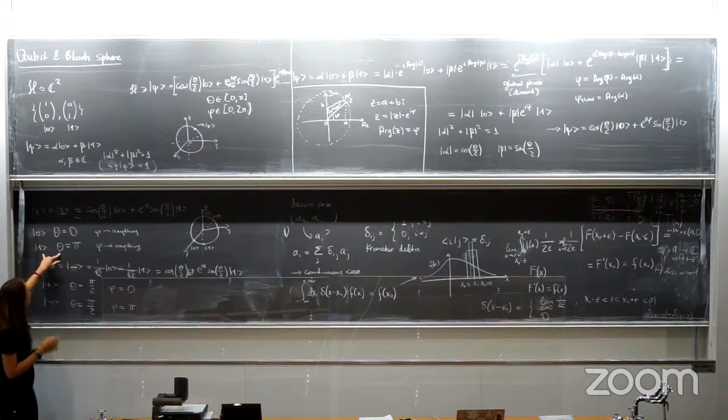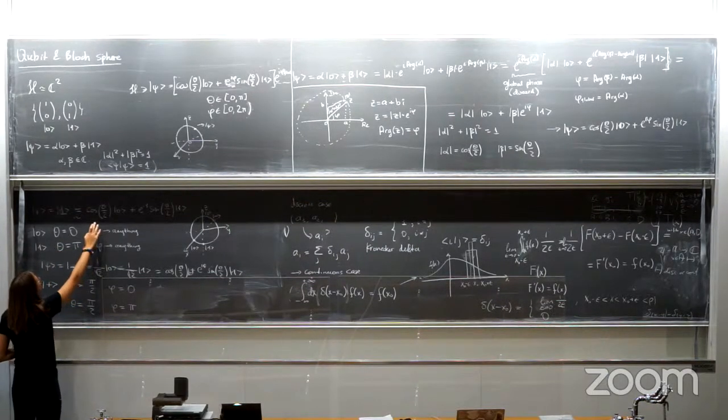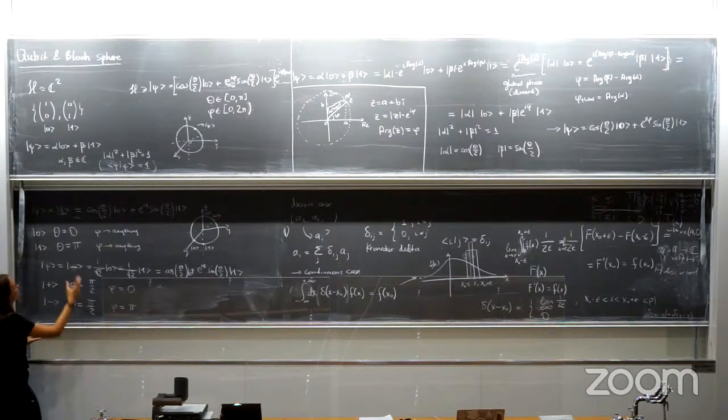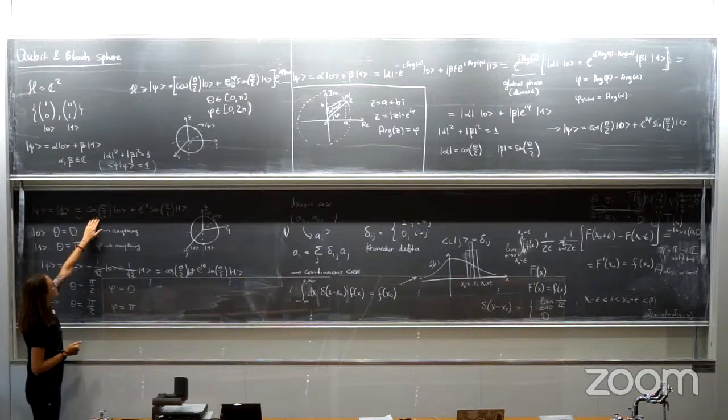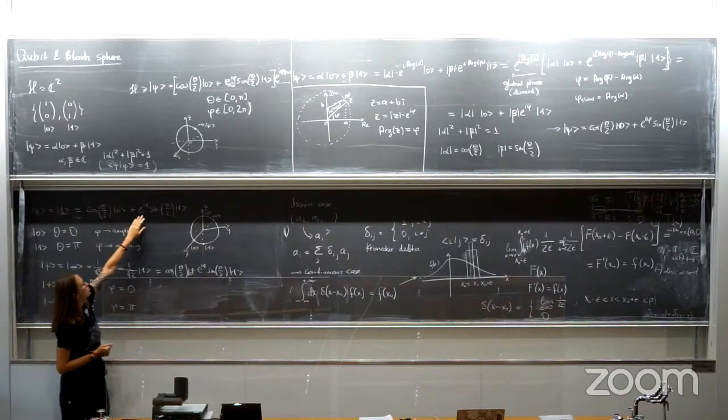Okay, so this is what you see when you directly plug in theta. Here it's clear that theta is pi, right? So if you plug in pi and you want to determine phi, here you get 0, and here you get e to the power i phi times 1.